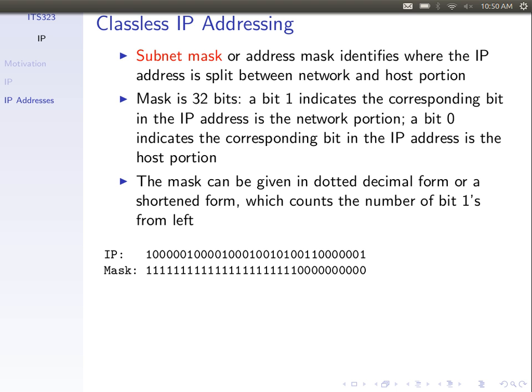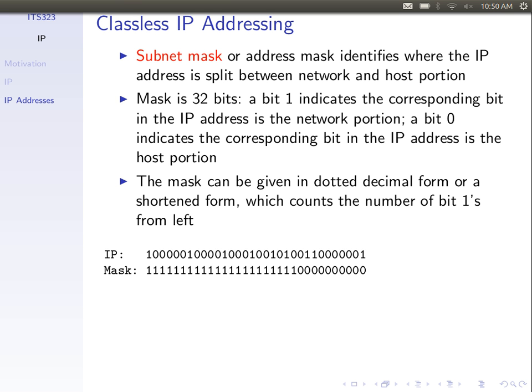In this example, the subnet mask tells us that the first 22 bits in the IP address identify the network portion, and the last 10 are the host portion.